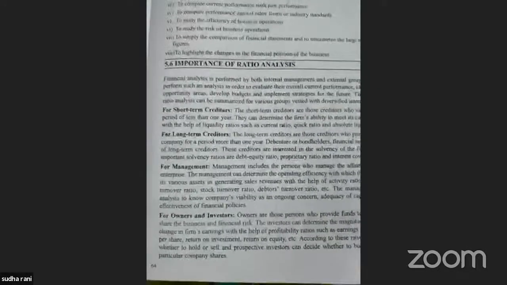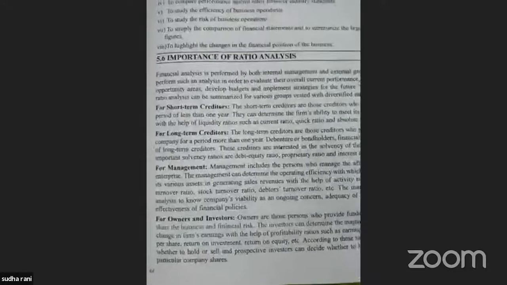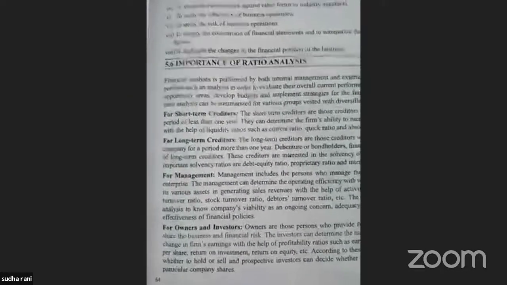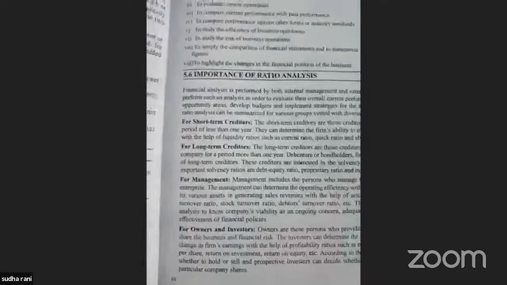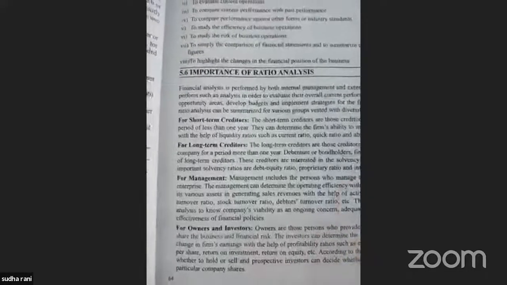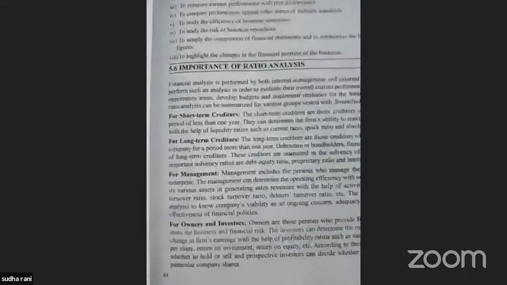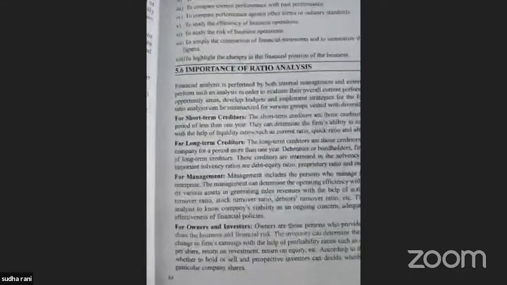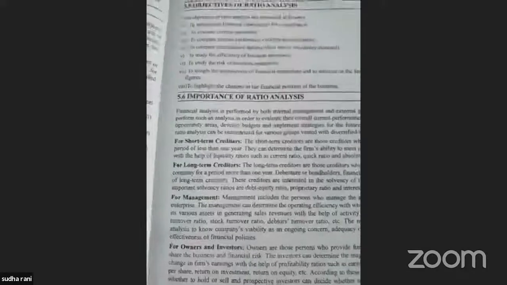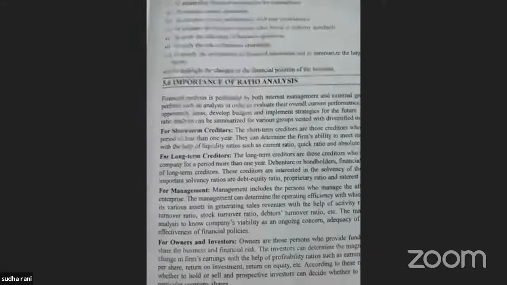Before investing, I would like to know and decide whether the company is performing well or not, considering your past performance and various profitability position, and decide whether to invest my savings in your company or not, buy your shares or not. That is how a prospective investor wants to know.